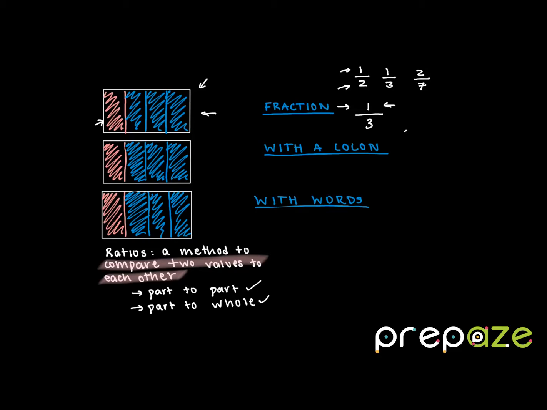Now, if I were to do part to whole, I could say, well, if I have 4 parts like I do here, how many of those parts are going to be that pink salmon color? Well, we have a total of 4 parts, so that's our whole. And for every whole, we have 1 pink salmon part. So if I were to write this part to whole for salmon pink colored parts to the whole, I would say for every whole, we have 1 salmon color.